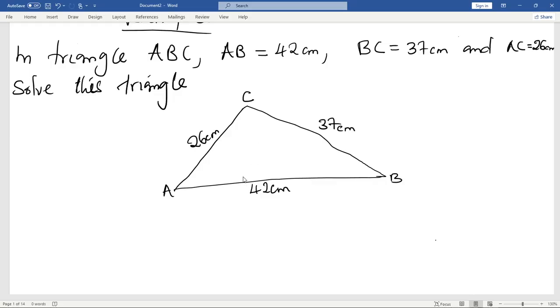We need to solve this triangle, so we need to find the size of this angle, this angle, and also this angle here.